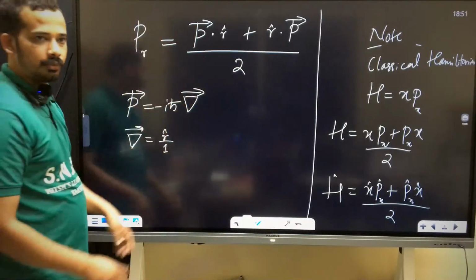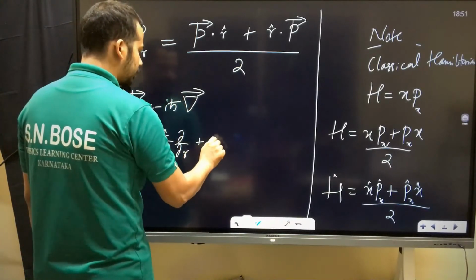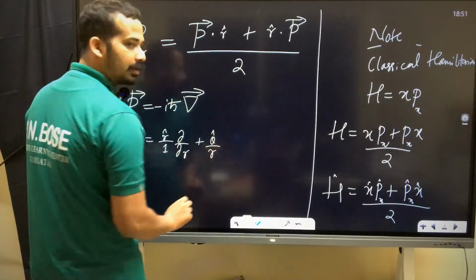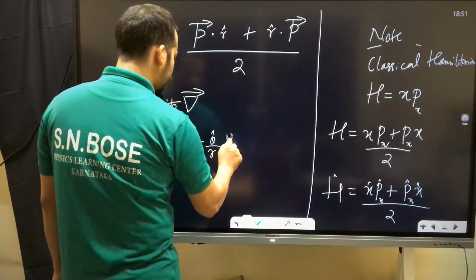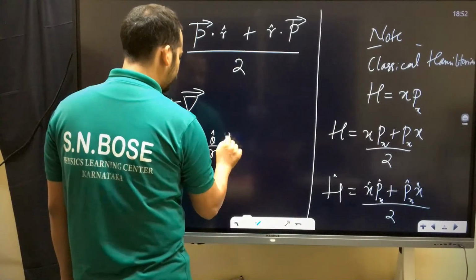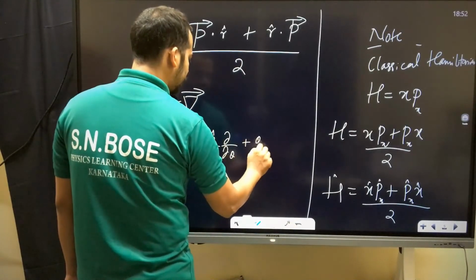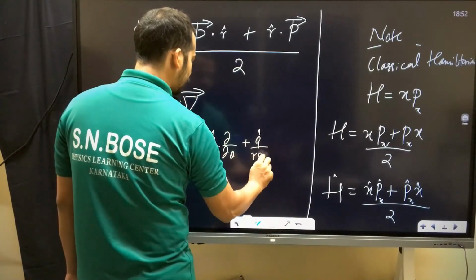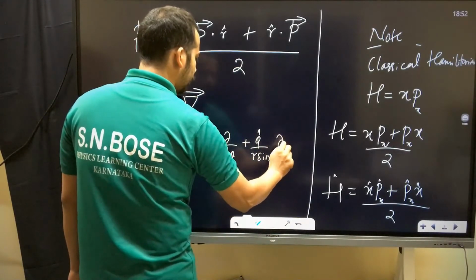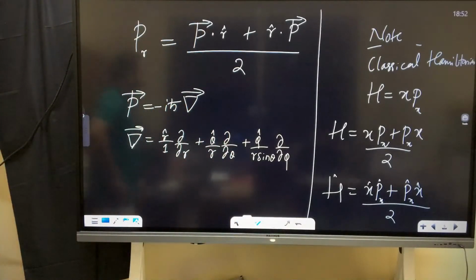We shall discuss more in electrodynamics. dou by dou r, plus theta cap by r dou by dou theta, plus phi cap by r sine theta dou by dou phi. This is the gradient in spherical polar coordinates.